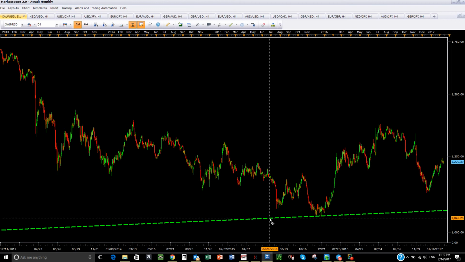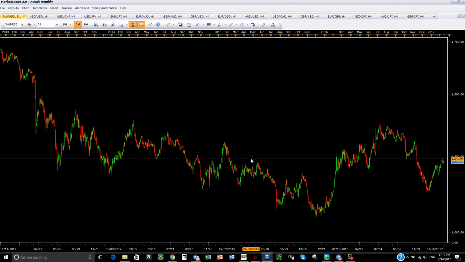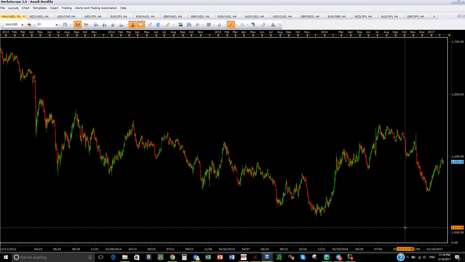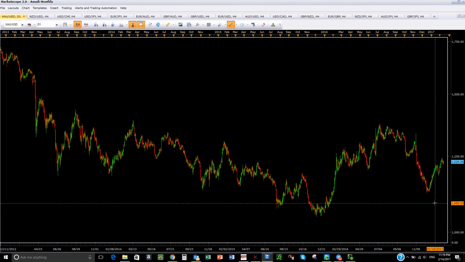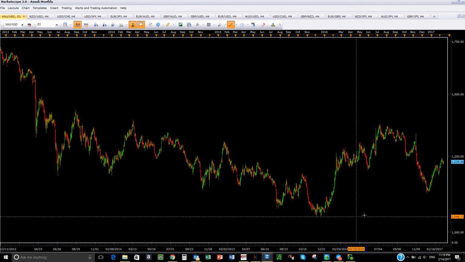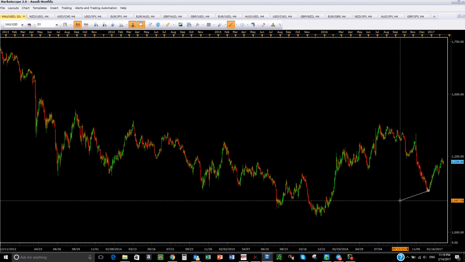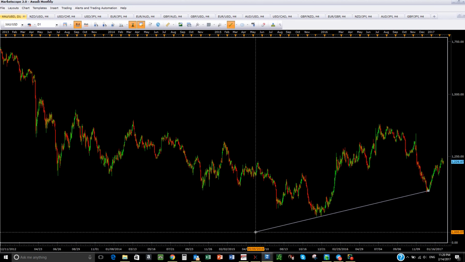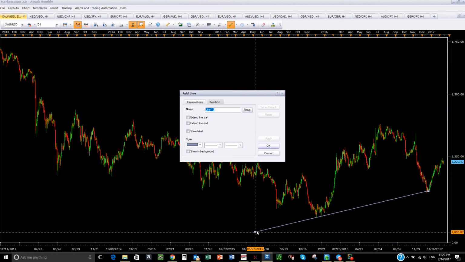Anyway, let me make a new one. If we consider that swing with these cluster swings connected by a single support line, I don't know if you agree with me or not.